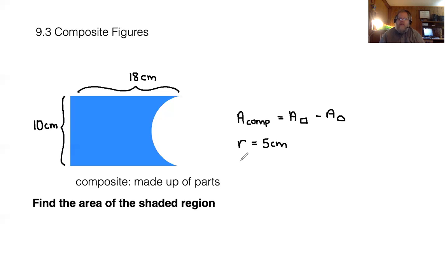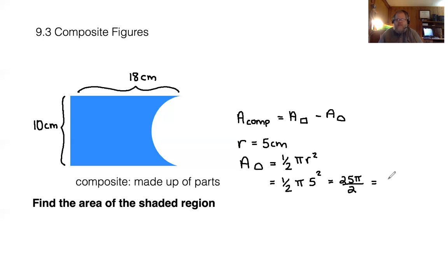Now the area of a semicircle is equal to 1/2 pi r squared. And so 1/2 pi times 5 squared gives me 25 pi over 2.